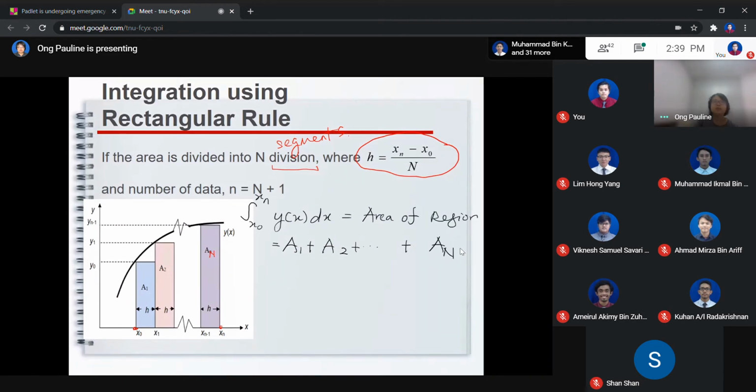Right? Okay, so now let us look at what is the area of the first rectangle here. You know that the area of the rectangle is obtained by using width multiplied by the height, right? So the width is h, and the height is y naught.